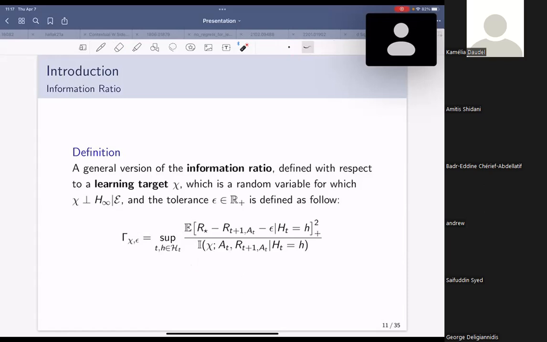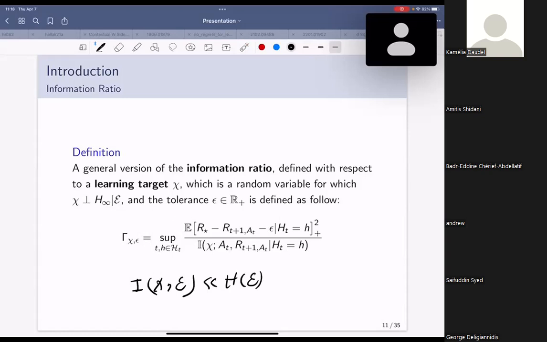But we are defining chi in the hope that, basically, the full information we can gain about the environment is roughly the entropy of the environment, which can be very big and intractable. So we are hoping that by defining the learning target, the mutual information between the learning target and the environment would be much less than the entropy of the environment, but it's still rich enough to help us distinguish the actions from the optimal action.